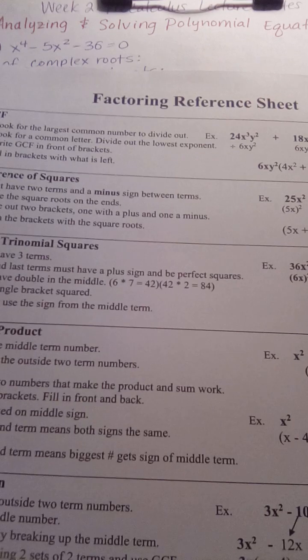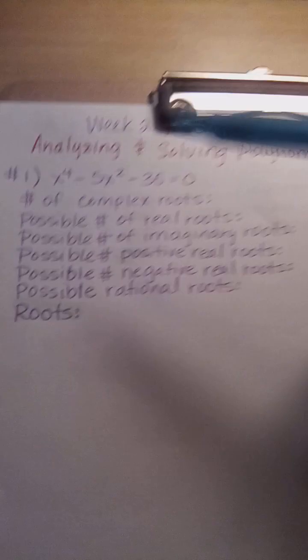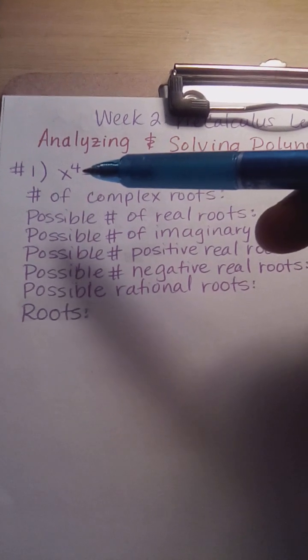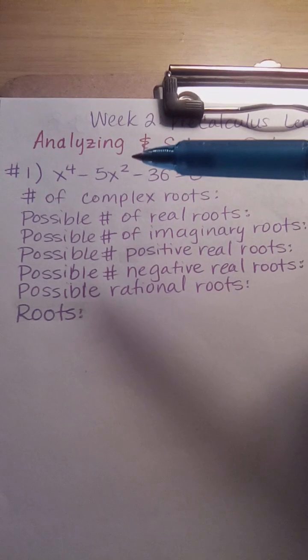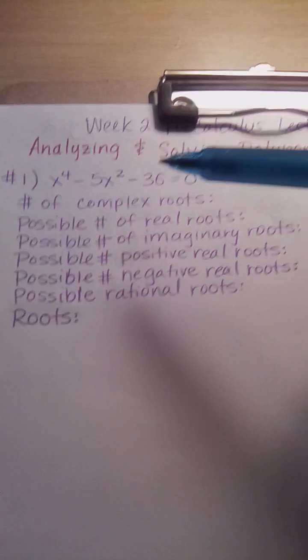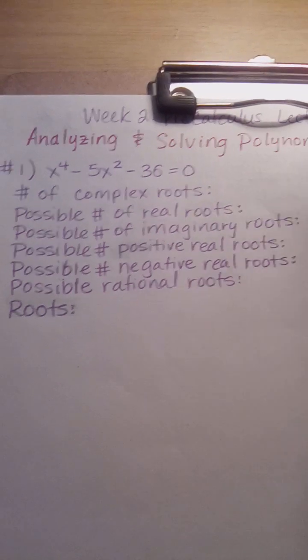All right, I'm going to do problems 1 and 2. I'm going to put this to the side. On problem 1, we have x to the 4th minus 5x squared minus 36 equals 0.